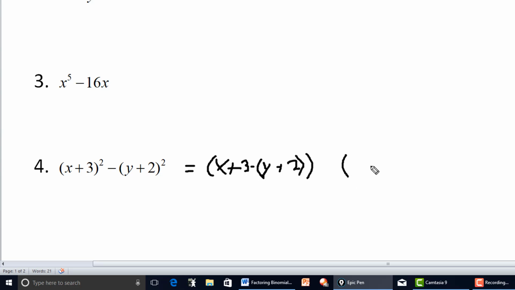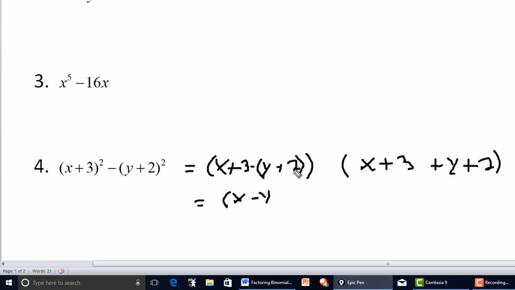Then the next one is the same thing, except it's the sum of the roots. So this will be x plus 3 plus y plus 2. And then we just do the simplification in each parenthesis. So this will be a minus y and a minus 2. So this will be x, then minus y, multiplying that by a negative.